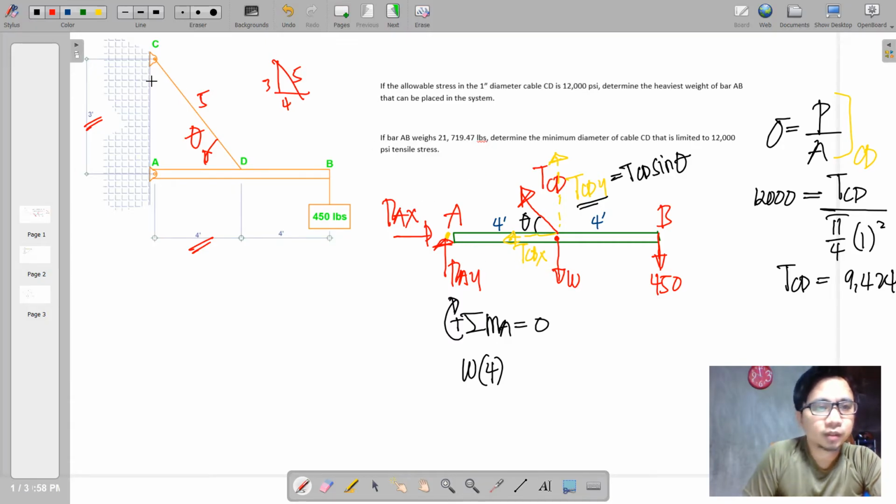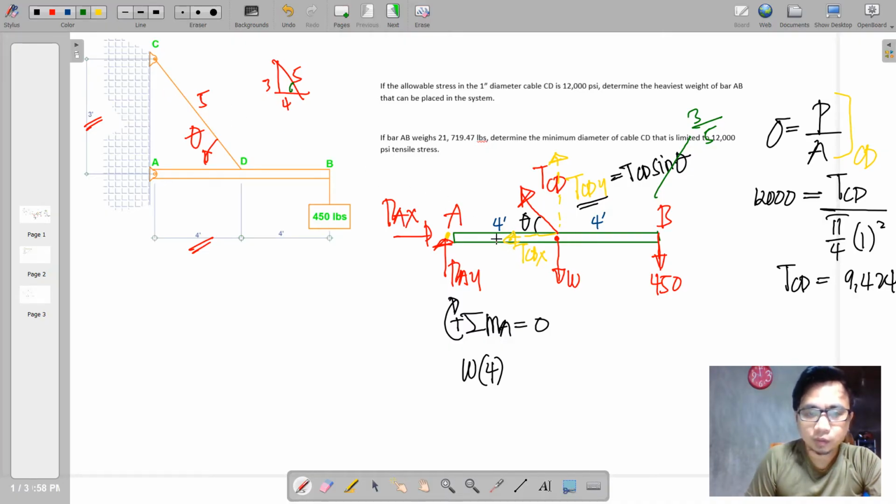So by that, we can now have sine theta equal to opposite over hypotenuse. Opposite to that angle is 3, and the hypotenuse is 5. So TCDY is 3/5 of TCD.